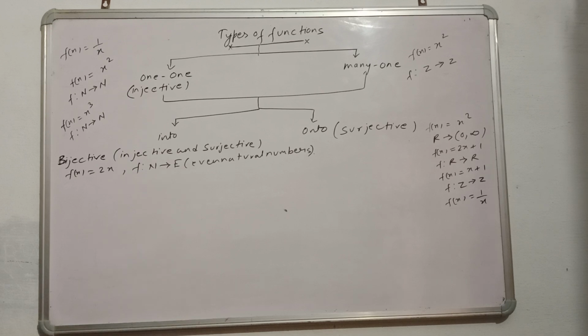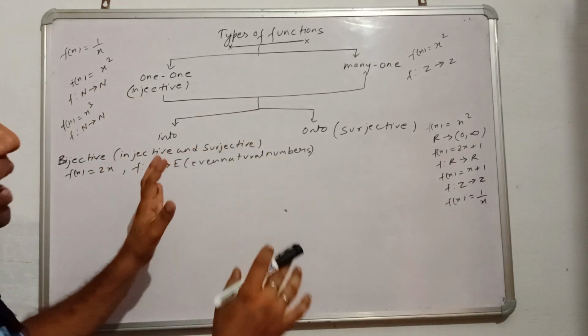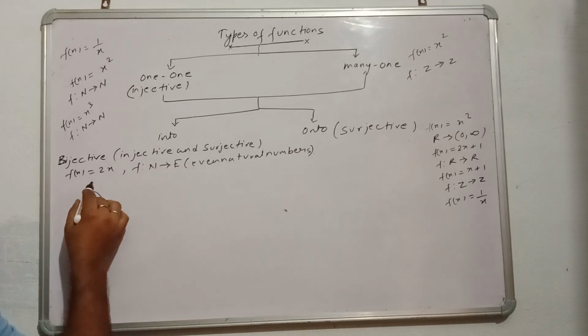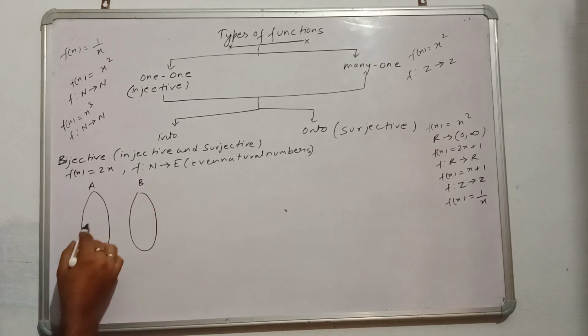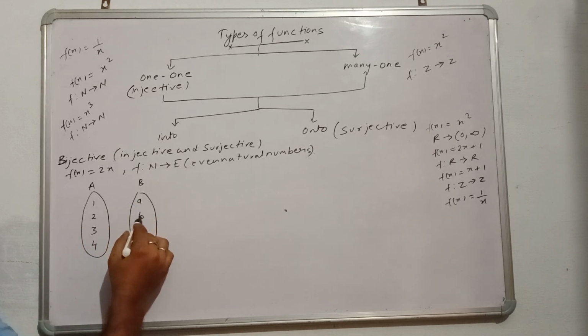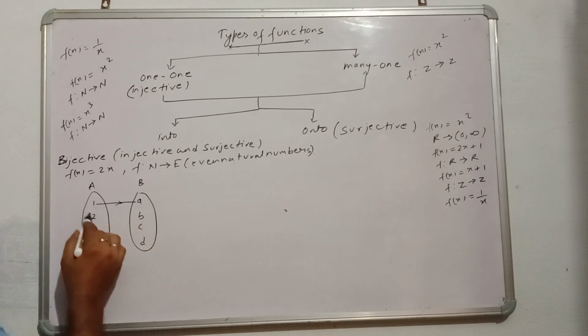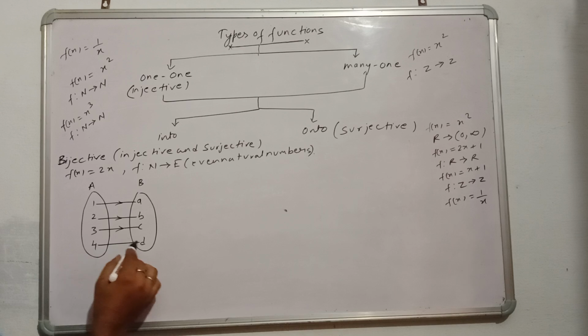First of all, we will try to learn about these by mapping. So here I am making some mappings. Suppose this is set A, this is set B. Suppose the elements here are 1, 2, 3, 4, and here A, B, C, D. Suppose in this every element has a unique image, only one image.